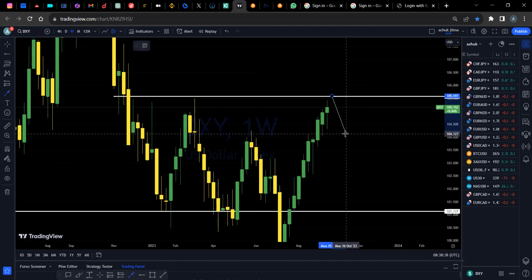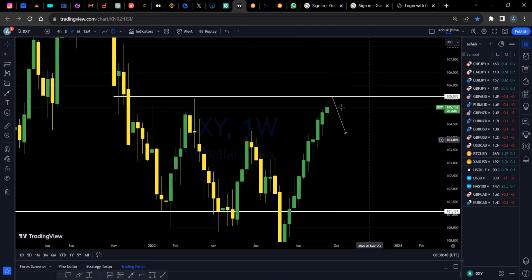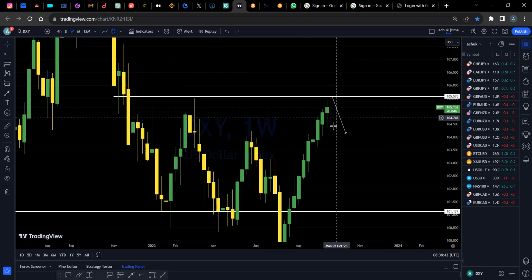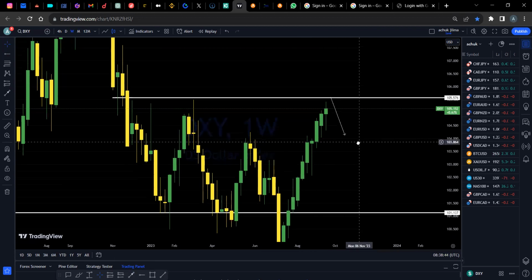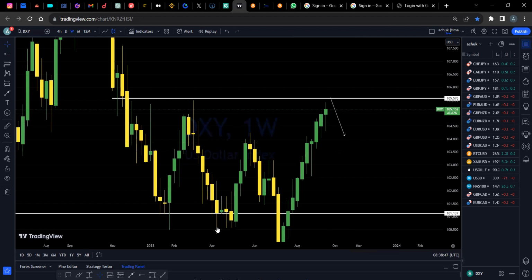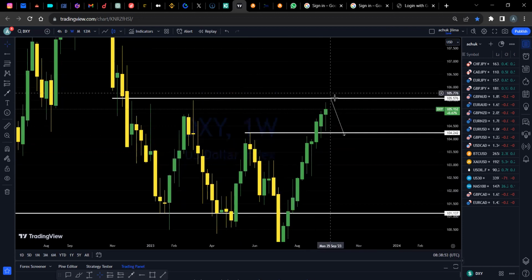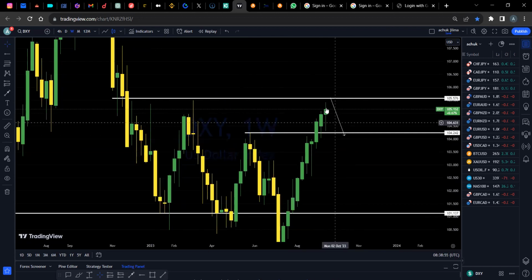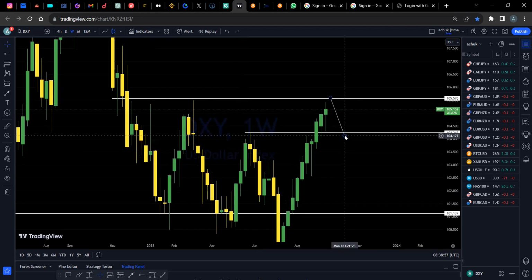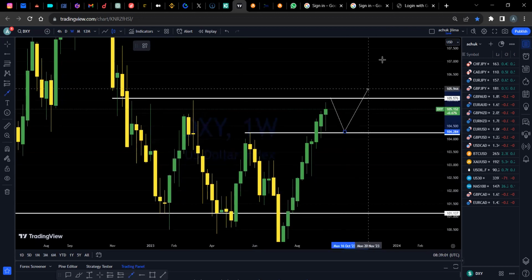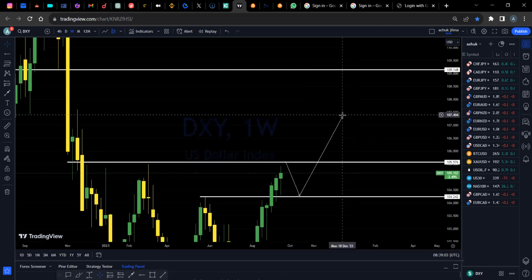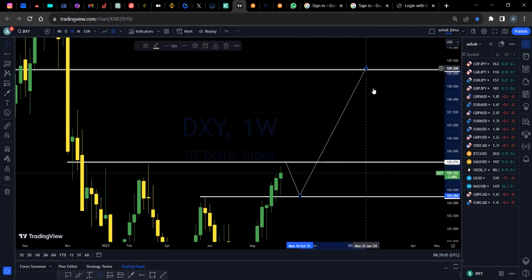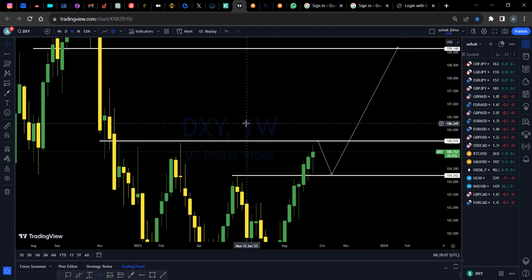Of course, there will be a reaction at this resistance area, and then maybe price pushing down a little bit, because this high was also taken out. We had our weekly high, the market took it out. So will the market be able to react here and then come all the way to retest this previous high that was broken, before we can push up all the way up to here? That possibility is there.